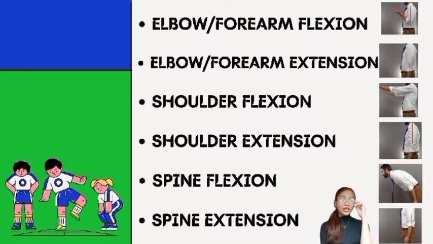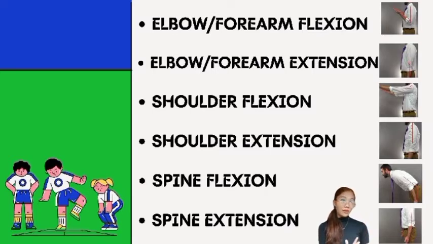Next is shoulder flexion. In shoulder flexion, the angle at the humerus of the arm and the scapula bone decreases as the arms move anteriorly. While in shoulder extension, the angle at the humerus of the arm and the scapula bone increases as the arms move posteriorly.